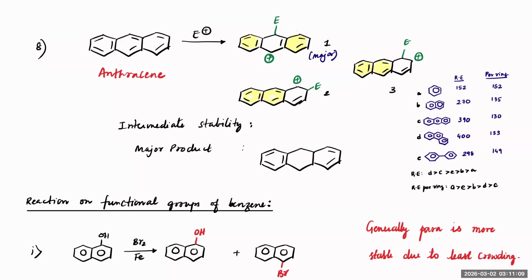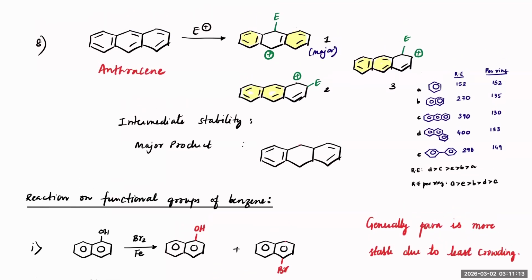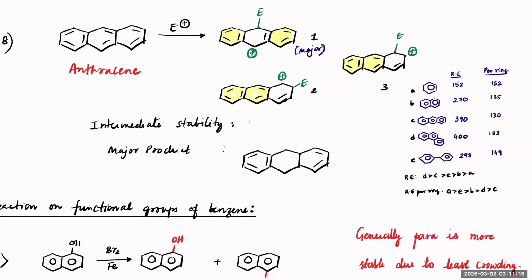Okay. So I suppose this part is clear, everybody. So intermediate stability wise, one is more stable, then two and three will have similar stability. Got it? Sorry, my mistake. Between these two, we already discussed that three will have more stability than two.